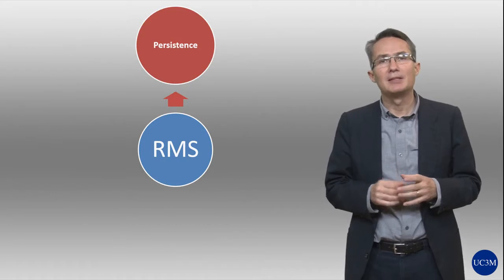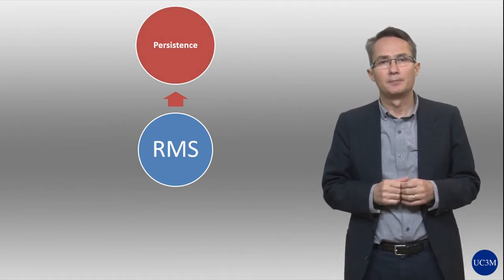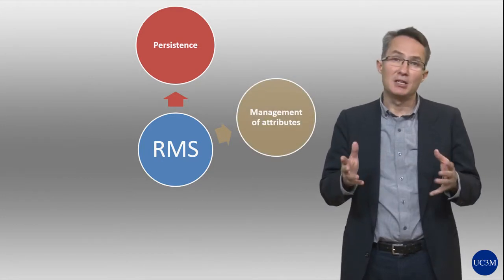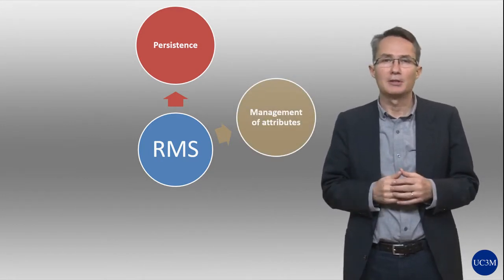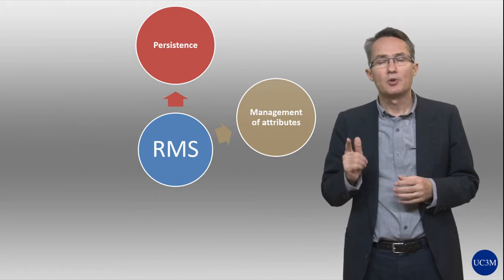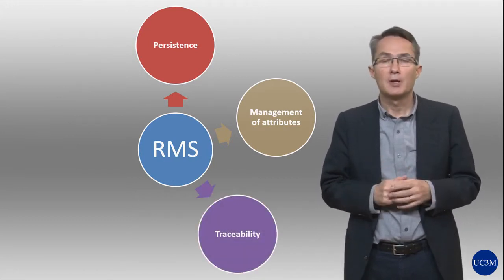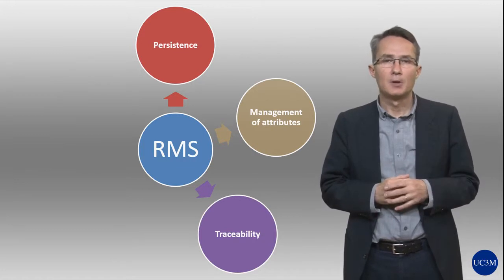So, the main goal for the requirements management tool is to provide solutions for properly managing the most important properties of the requirements. Those are persisting the requirements in databases or files, managing all the attributes for requirements, the ID, texts, custom attributes, etc. Providing means to connect requirements with other work products, the traceability links.